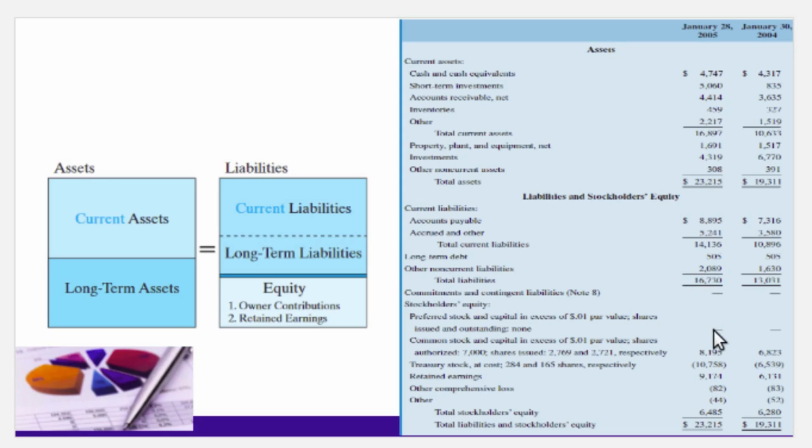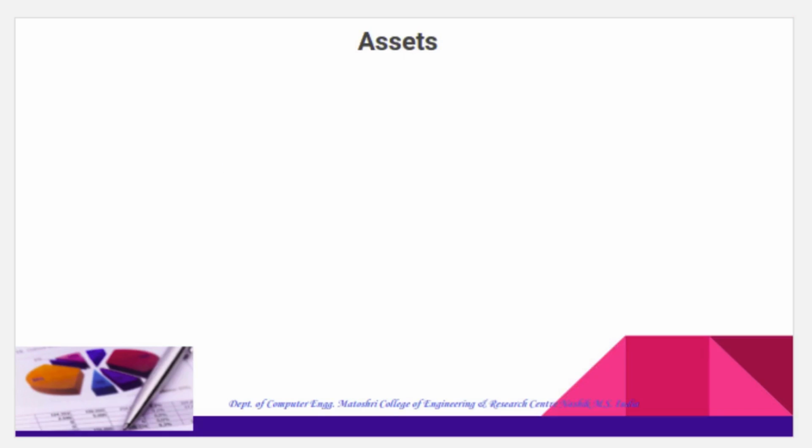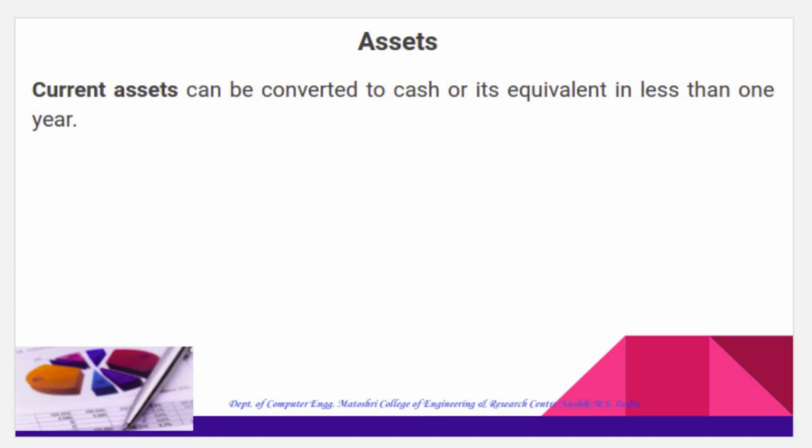Next we will discuss the term asset in more detail. Current assets can be converted to cash or its equivalent in less than 1 year. Current assets generally include three major accounts. The first one is cash.